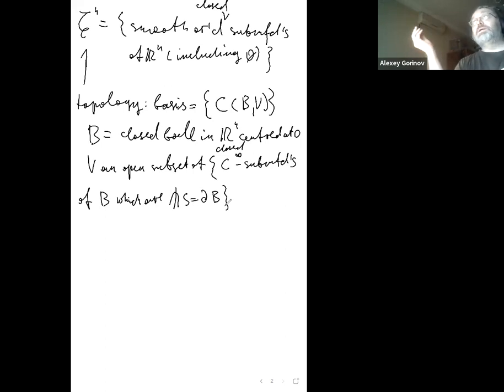What does this mean? Well, this means the boundary of each submanifold is the intersection with the boundary, and the intersection is transversal.